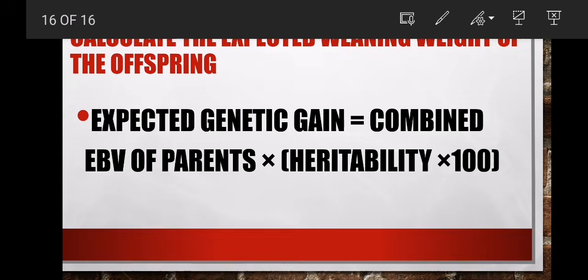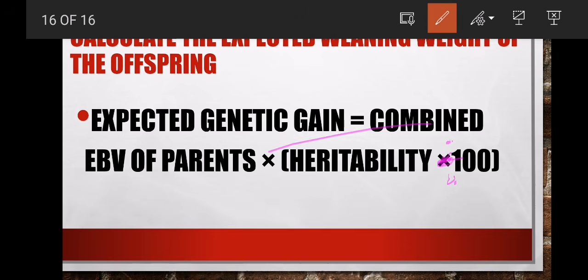I beg your pardon, good people. Sorry, here was supposed to have divide by 100. So you will say the combined EBV of the parents which we got, which is 1.6, multiply by heritability. Our heritability, we said it's 60%, divide by 100.